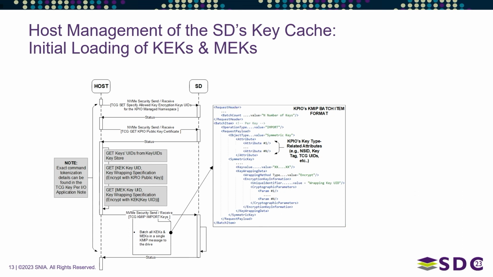The idea here is that you're actually using binary to inject this, so it's fairly efficient. The other thing, and again this is where a little bit of KMIP knowledge is useful, is using a batch command. So you're able to group multiple transactions as one batched item, so you could be injecting multiple keys, MEKs, at the same time.